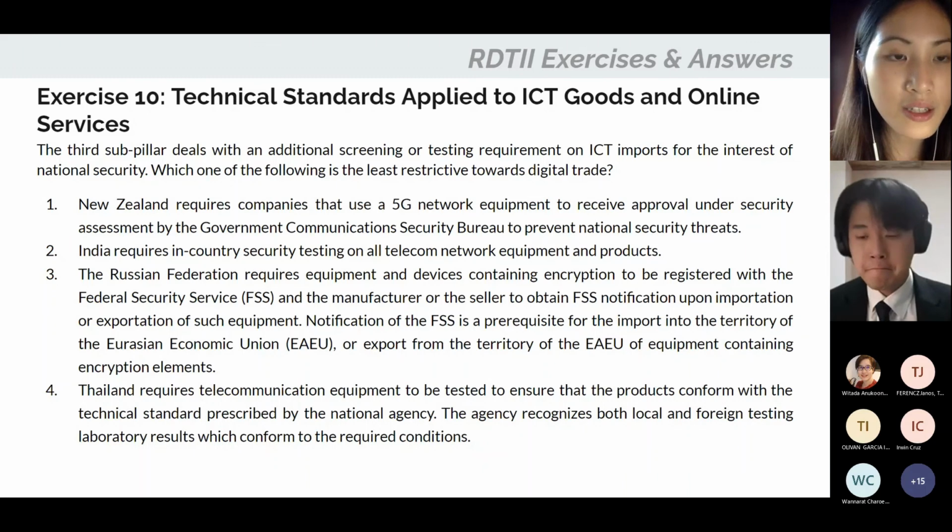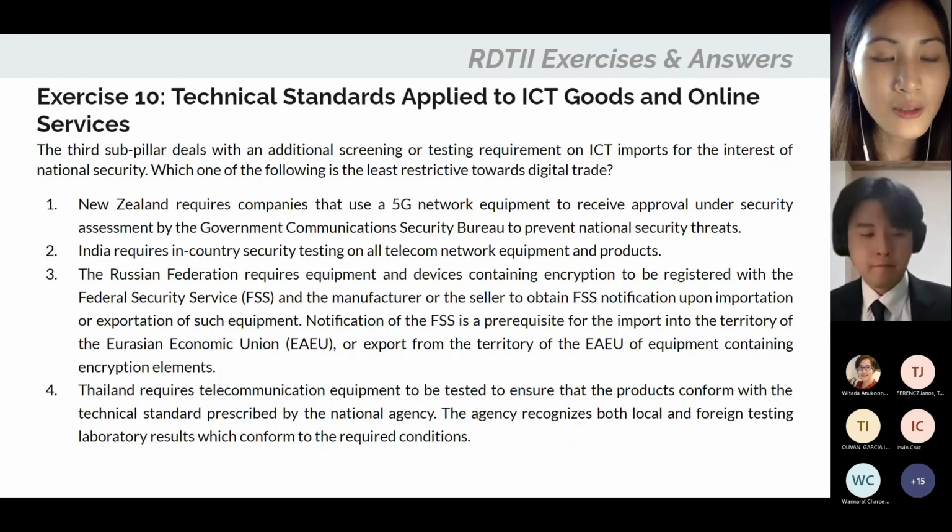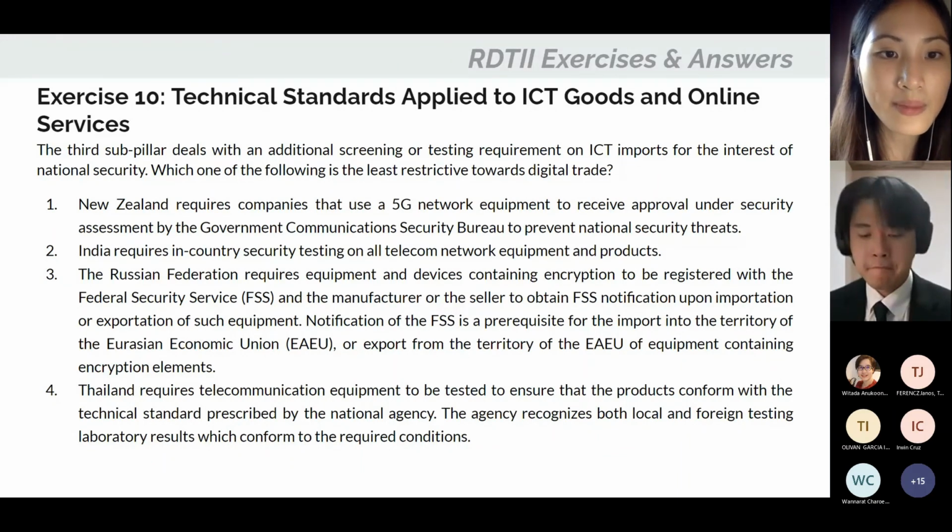So question 10 is on technical standards applied to ICT goods and online service. And this question asks about the additional screening or testing requirement on ICT products. So which of the following is the least restrictive toward digital trade? And all of the choices here are screening and testing requirements.